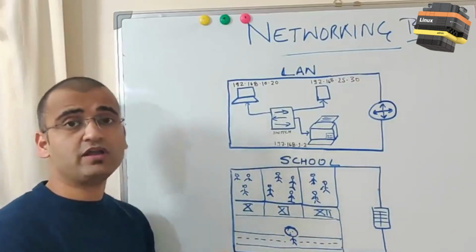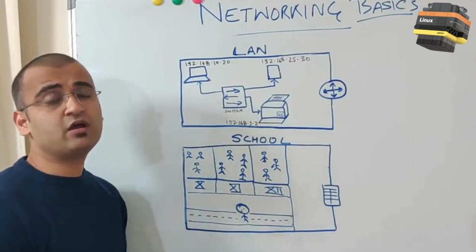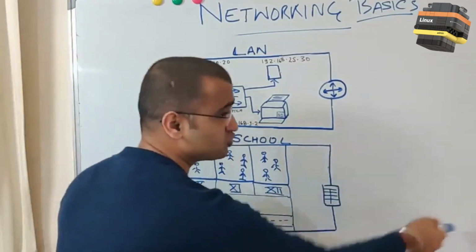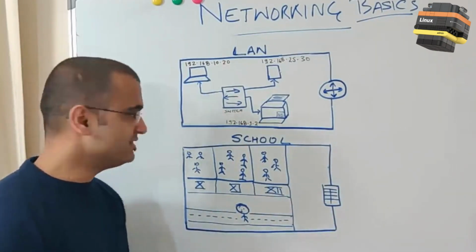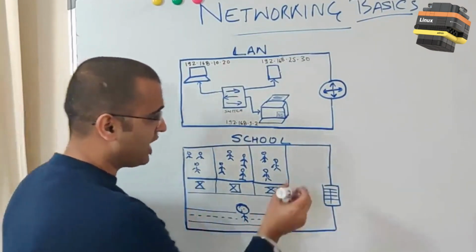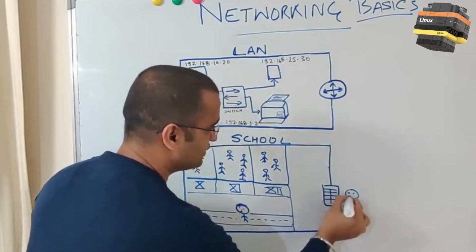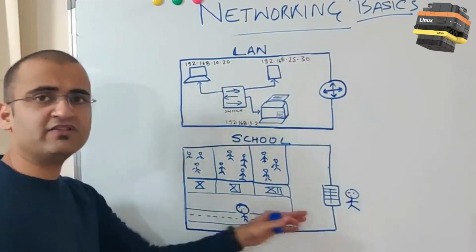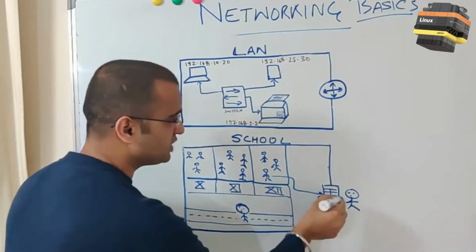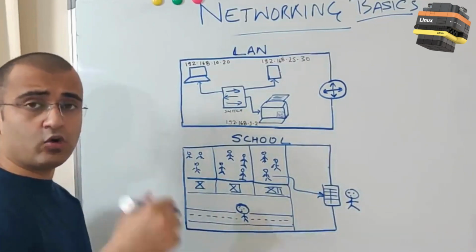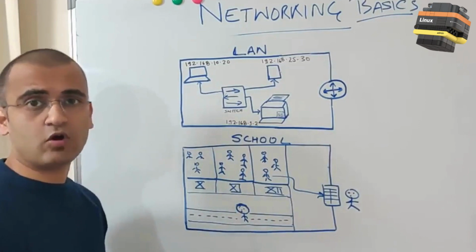But what if a student of this particular school wants to go and meet a student of a school next to this particular school, but that school is outside the boundaries of this school? In that case, this student has to go and meet the main security guard at the main security gate, and he has to ask permission of this security guard, and only then can he go and meet someone outside the school boundaries.